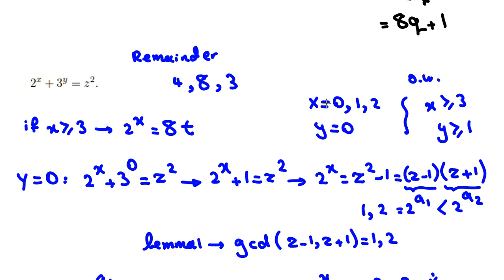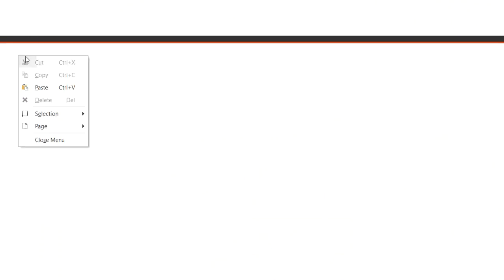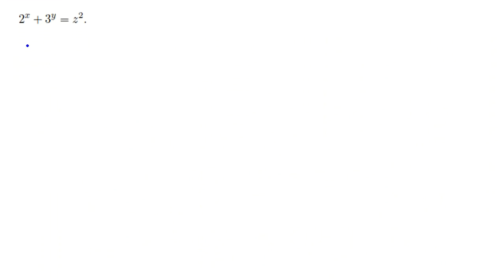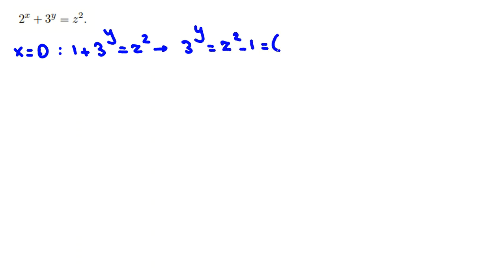Now we should consider x = 0, 1, 2. So let's copy the main equation and we want to check x = 0, x = 1, x = 2. So the first case, if x is 0, then we can conclude what? 1 plus 3 to the y equals z squared. So we can say 3 to the y equals z squared minus 1, subtracting 1 from both sides. We factorize: z minus 1 times z plus 1.